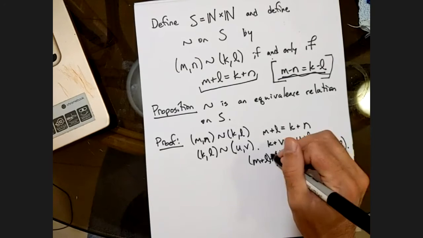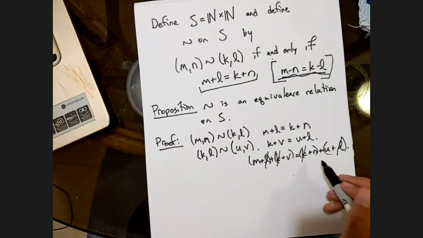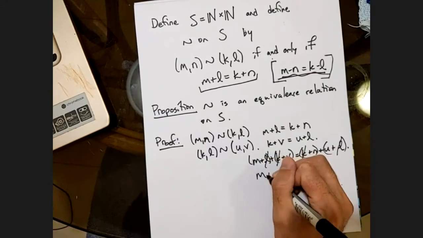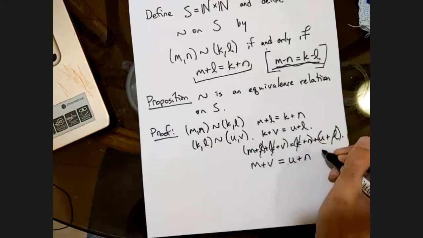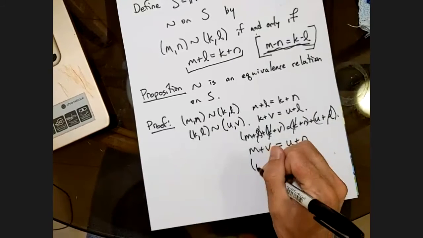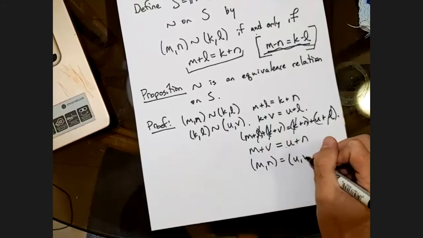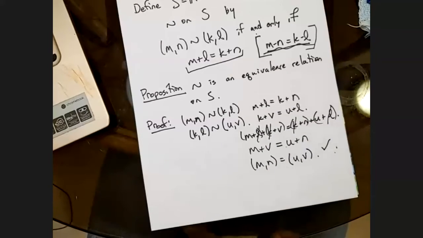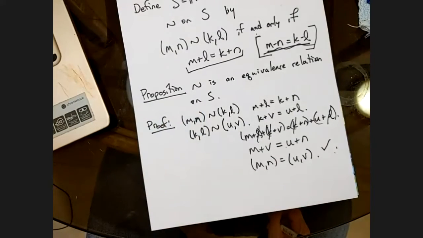You can cancel L's on both sides. And then you have M plus V equals N plus U. Or in other words, M plus V equals U plus N. In other words, the difference of M and N is the same as the difference of U and V, as required, proving that this relation is transitive.